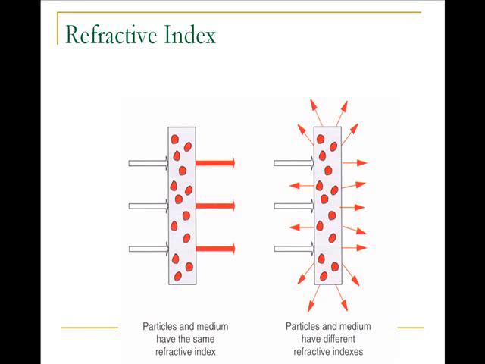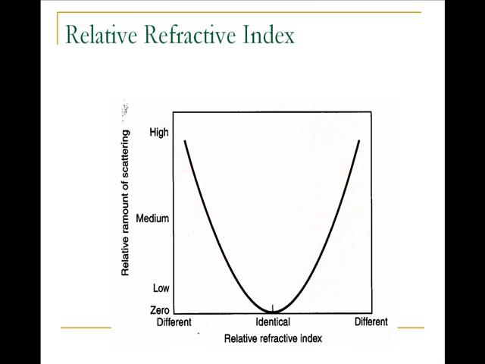This graph shows that a little bit better. If we have our medium and pigment with identical refractive indexes, we have zero scattering. The farther apart they are, and it really doesn't matter which one is the higher refractive index, the greater the difference, the larger the scattering and the more coloring strength we have for that particular material.